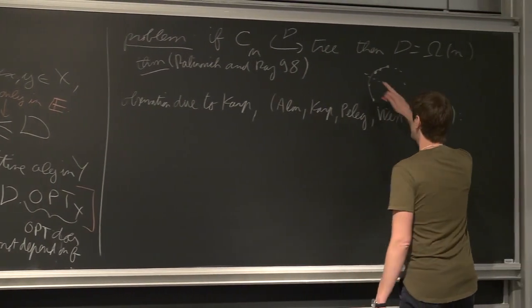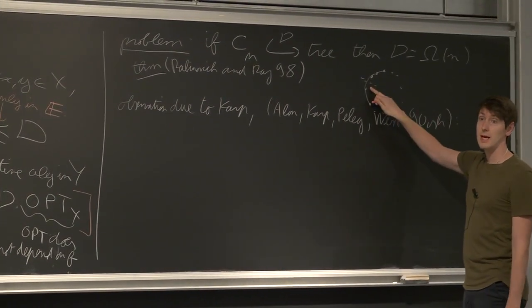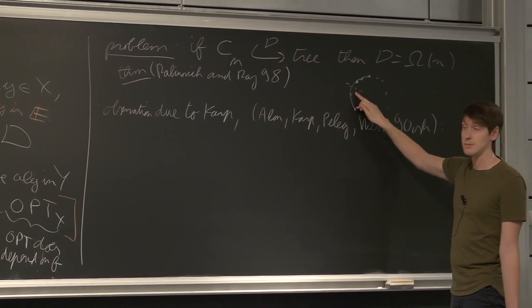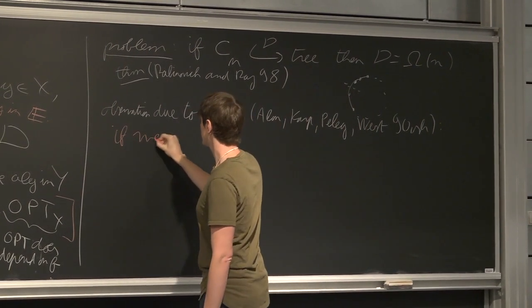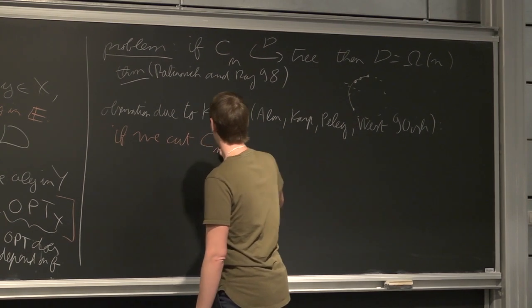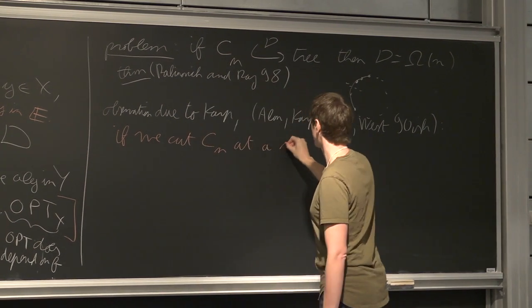Say I cut the cycle Cn at a random edge.